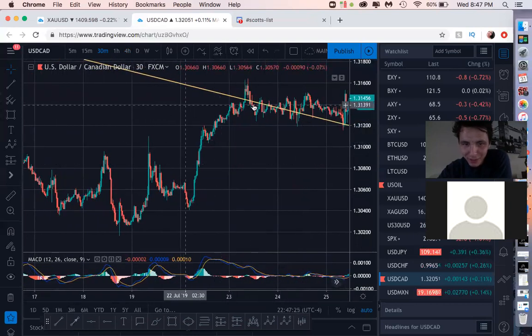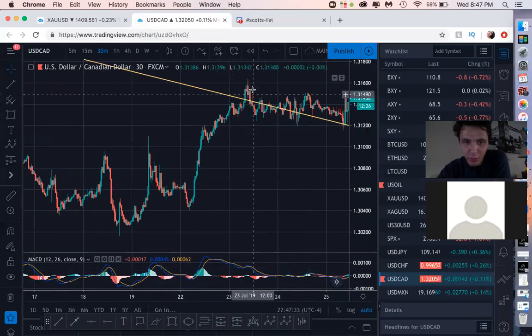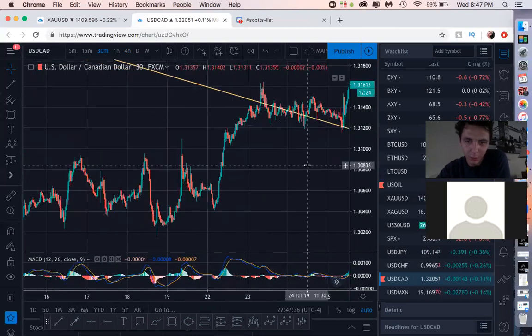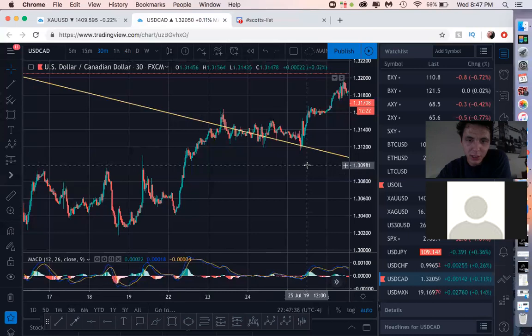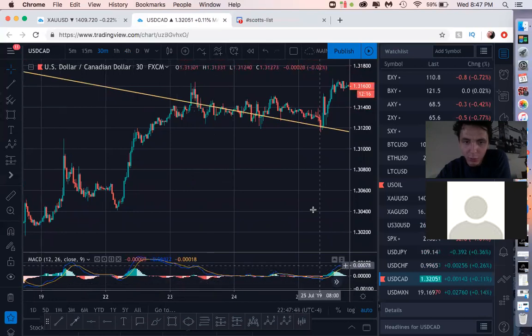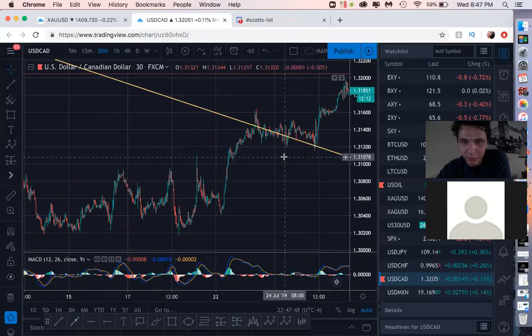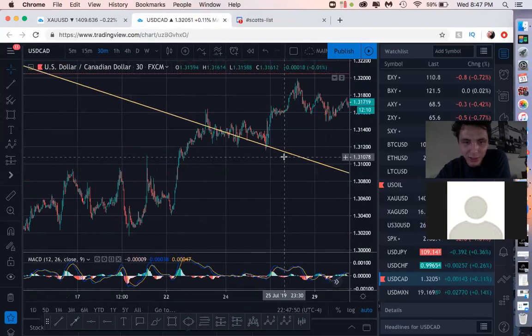But since the trend line broke and the MACD was already fairly high past the 0 line, you're just waiting this one out, waiting for better market conditions to play out. The MACD was holding this momentum, and it didn't really give you an ideal entry.